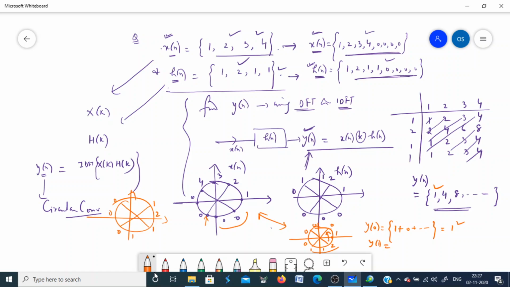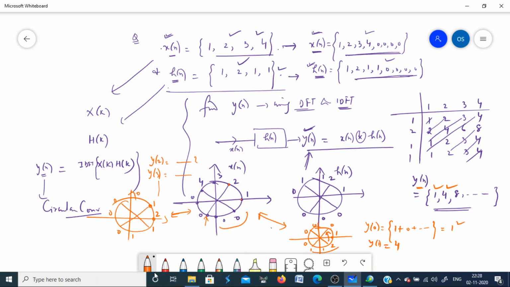The rest are zeros. Now if you multiply these two sequences, 2 into 1 is 2, and 1 into 2 is 2. So 2 plus 2 is 4. The rest are zeros. So y1 will be equal to 4. Similarly, you can find y2, you can find y3. You will get all the samples of the linear convolution.